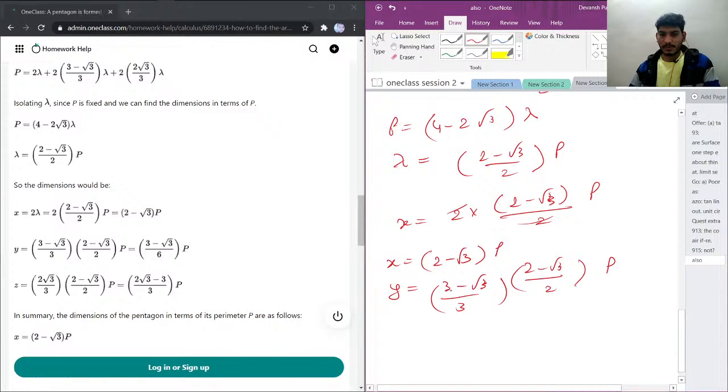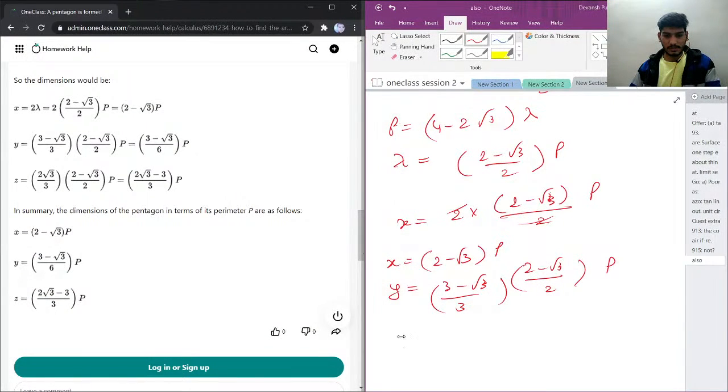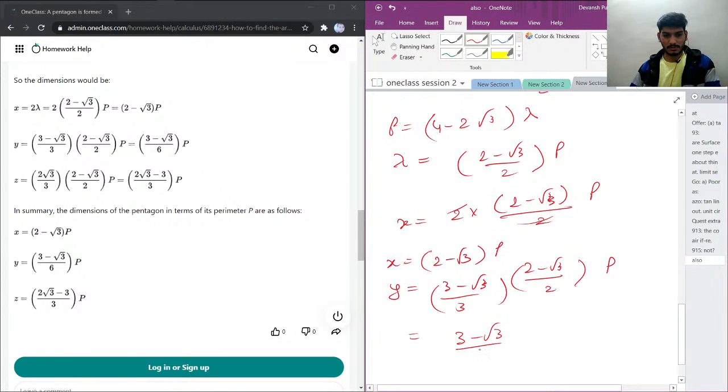So this will be basically 2 times 3 is 6, and I'll just take the solution from here: 3 minus root 3 over 6 times perimeter.